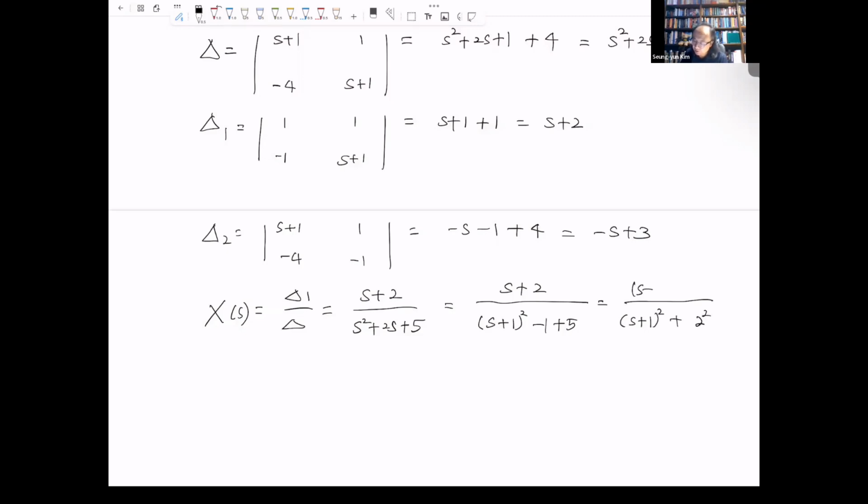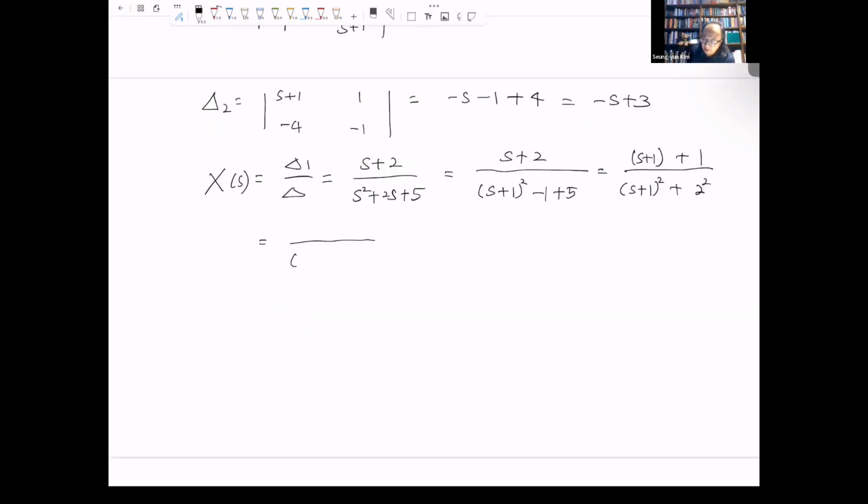In the numerator, we need to have s plus 1 plus 1. Separate them. We have s plus 1 over s plus 1 squared plus 2 squared, plus 1 over s plus 1 squared plus 2 squared. We have a 1, but we need 2, so we need to divide by 2.